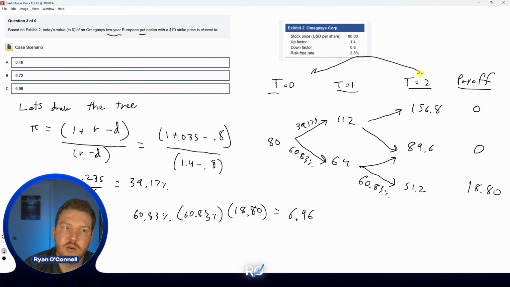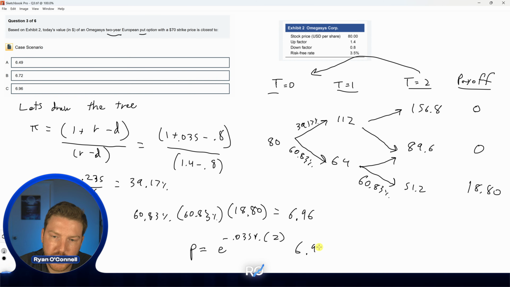So we need to discount it back all the way to the value of today. To get the current value of the put, we take the present value of this, discounting by e to the negative risk-free rate, 0.035, and now we multiply by 2 years instead of 1.